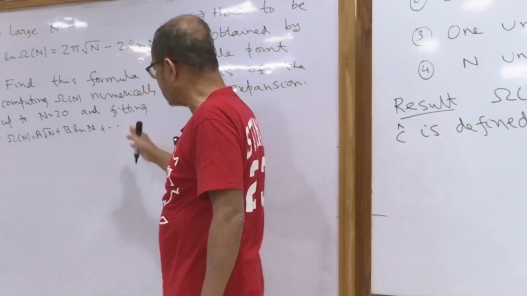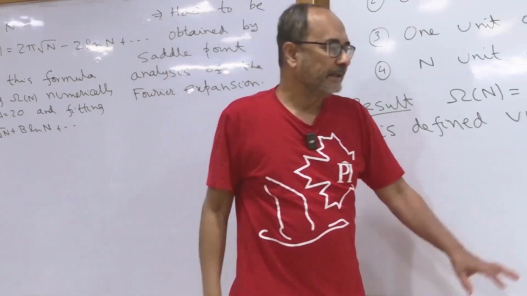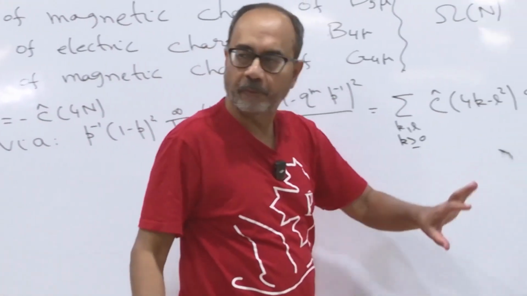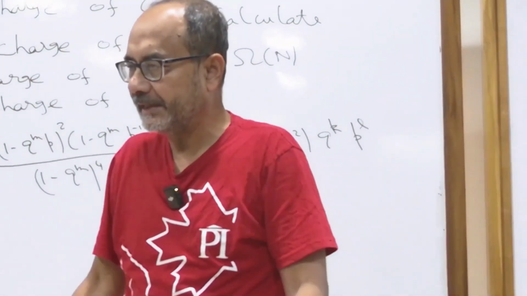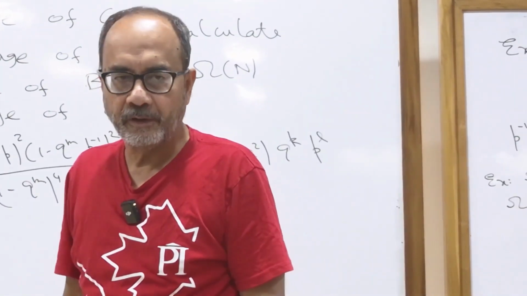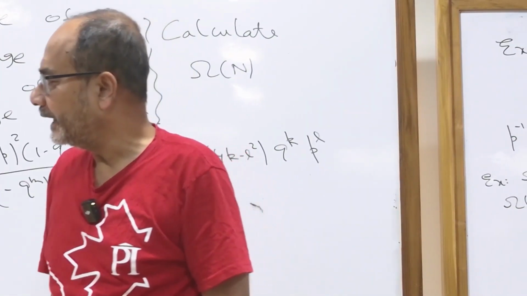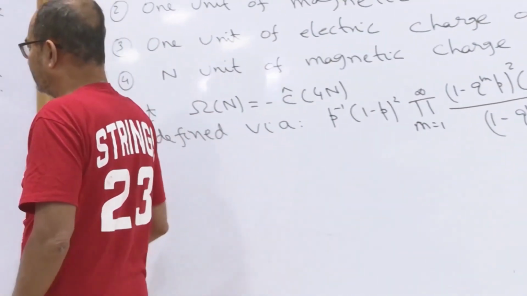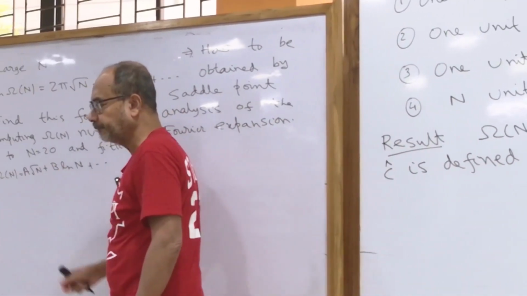So you can try this out. It's not a very difficult problem. The function defines these coefficients completely, so you can just expand in any computer code, collect the coefficients and then fit with this formula over here.